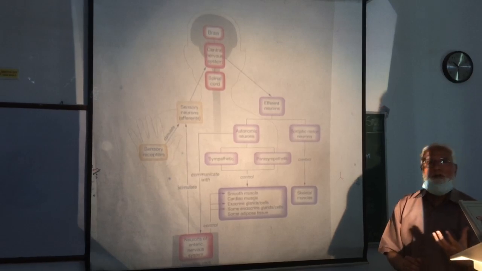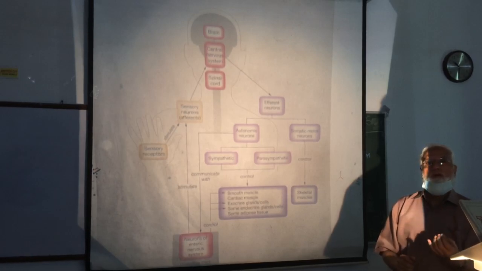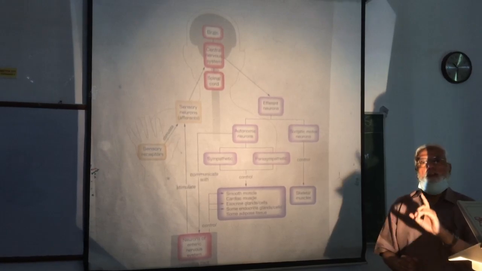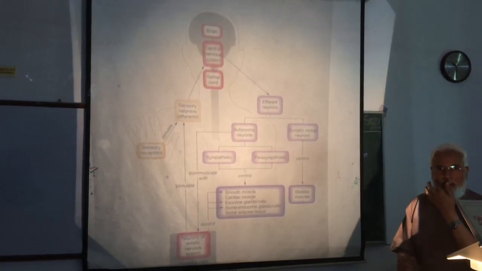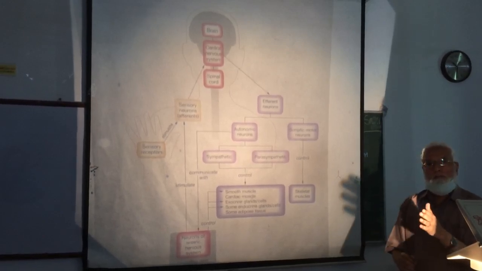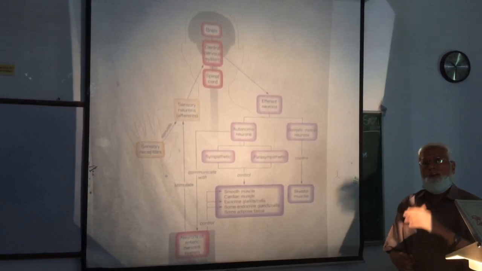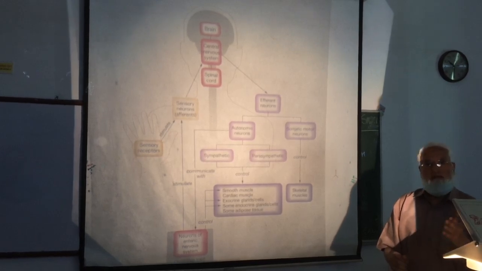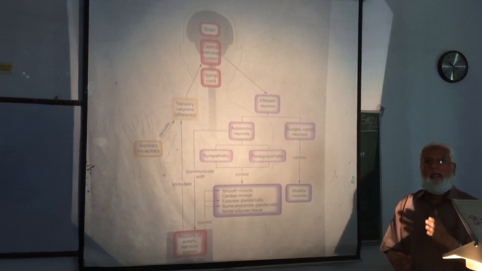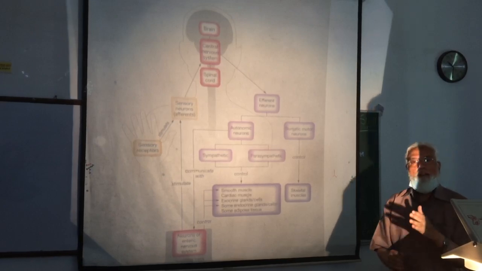Cell bodies of neurons and proximal portion of the processes embedded in neuroglia constitute the gray matter. And white matter consists of nerve fibers embedded in neuroglia.